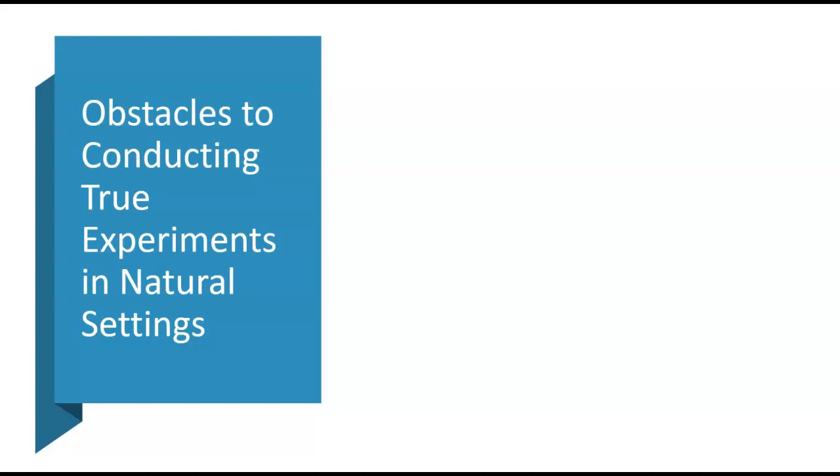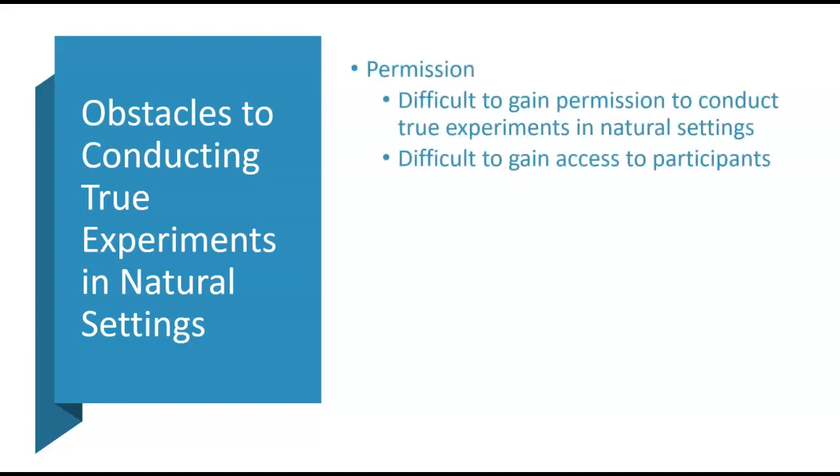Even in a more benign kind of situation, the ability to practically go in and randomly assign participants to controlled circumstances means you would almost functionally have to hold them hostage in order to be participants. And by doing so, you're negating the advantages of natural settings in terms of their increase of external validity.